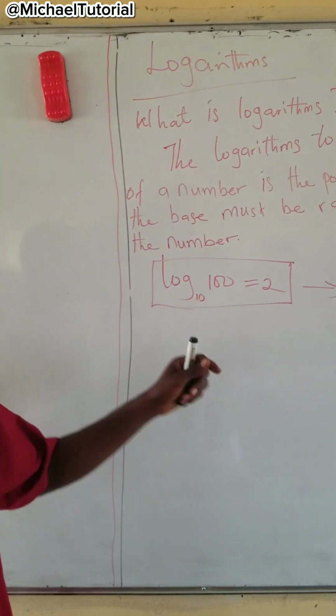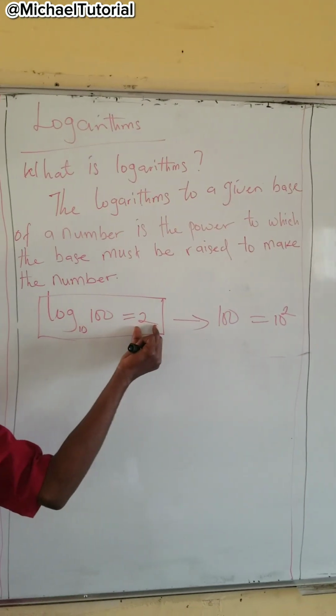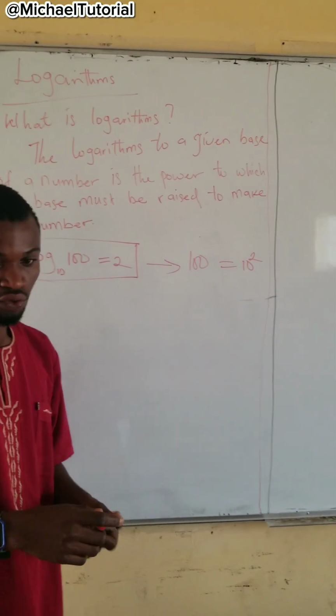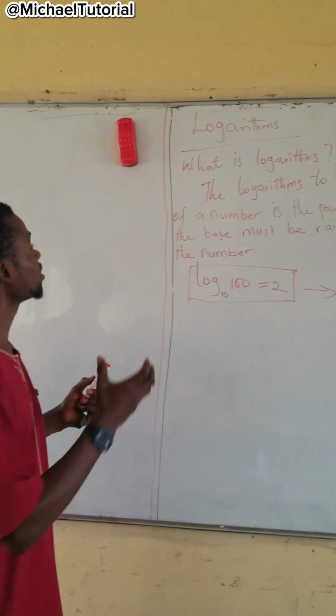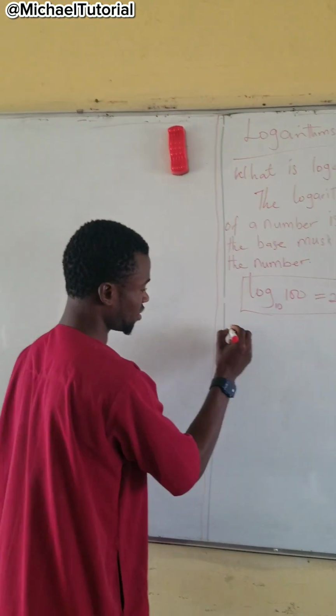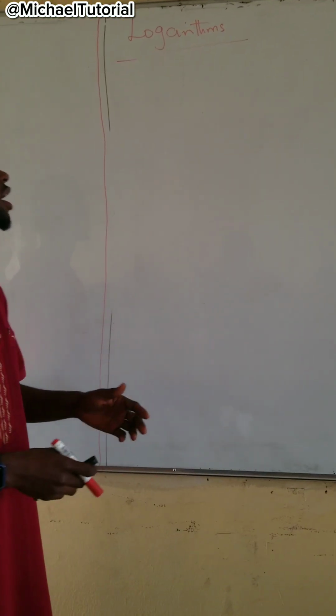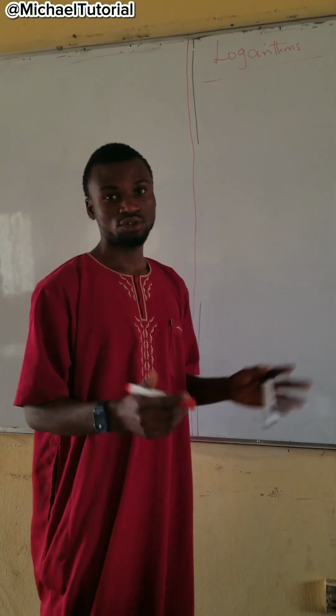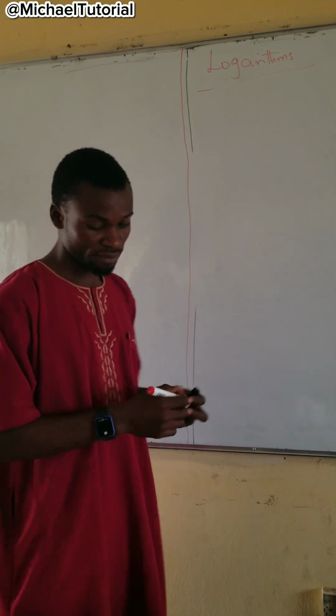This base now, we bring it to the other side to raise what this is equal to. That is the meaning of what I'm saying. But let us go into an example, example 1, to help us understand better. From the above explanation, let us take an example so you can see the meaning of what we have been saying.